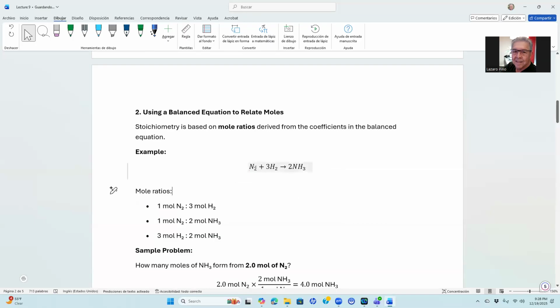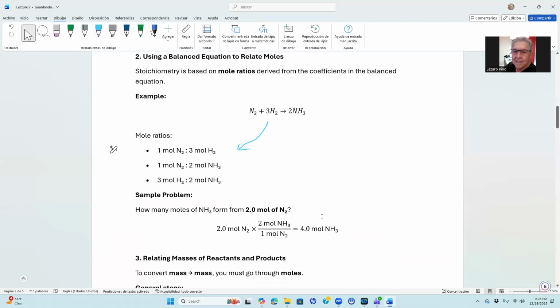This is the ratio. And that 1 mole of dinitrogen produces 2 moles of ammonia, or 3 moles of dihydrogen produces 2 moles of ammonia. These are the ratios, the mole ratios that you get from the chemical equation.